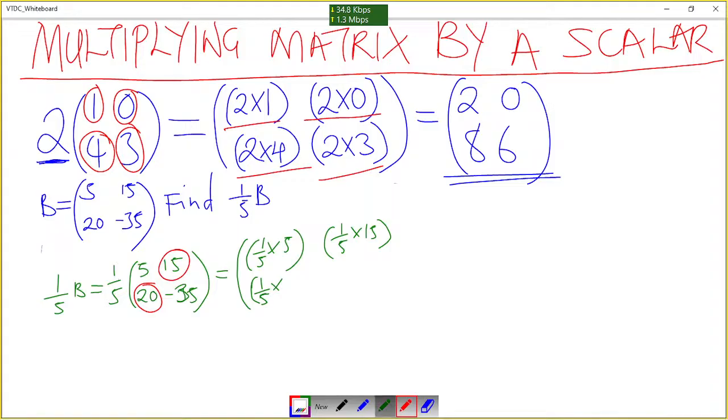So we say 1 over 5 times 20. Then we close the bracket and open another one. And then we also say 1 over 5 times, we open a bracket and say negative 35. Then close the bracket like that. Then we close the entire matrix like that.